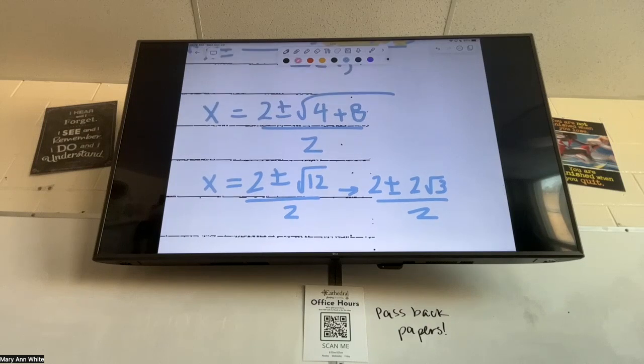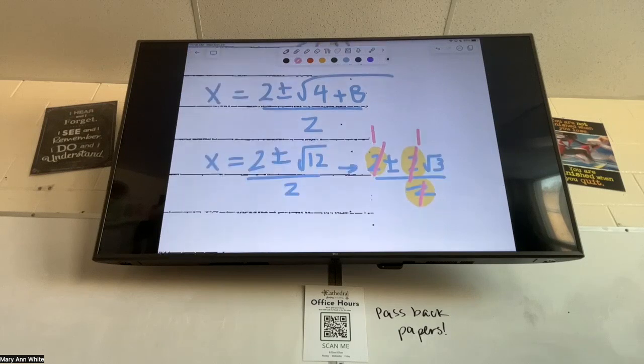And then now I can cancel, if I have 2 for all 3 of these numbers, 2, 2, 2. I do want that 1 in the front. You do need to keep that 1 as a plus or minus. The 1 in front of the root 3 you don't really need, and the 1 in the denominator you don't need. Those are redundant, but I do need 1 plus or minus root 3.